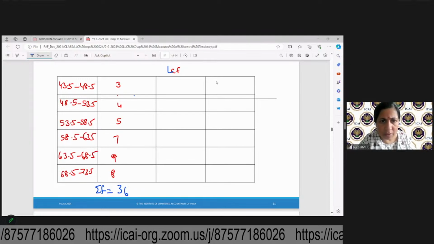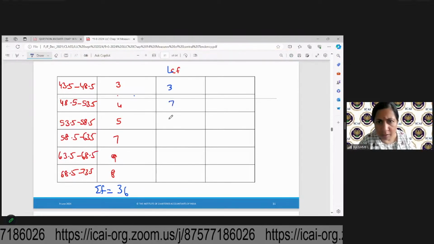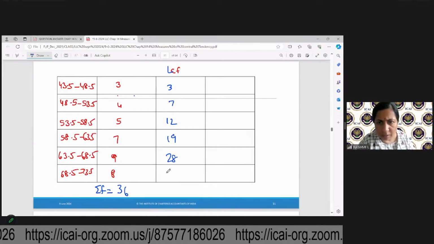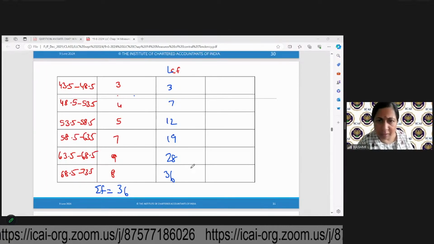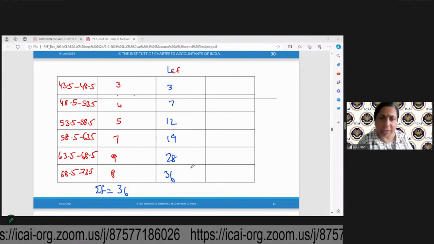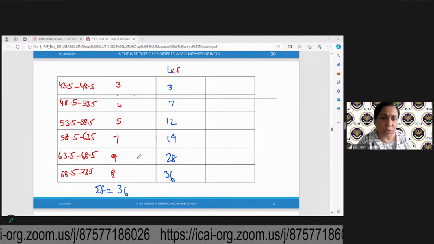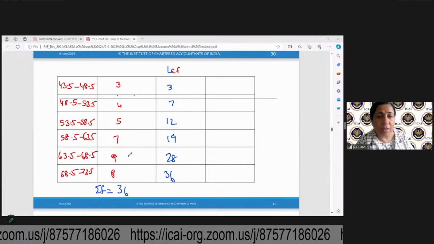This is what Suchitra is saying. Everybody agreeing? Yes. Anushka is saying the same. Ishika is saying the same. Very good. Now what I have to do is find the median.